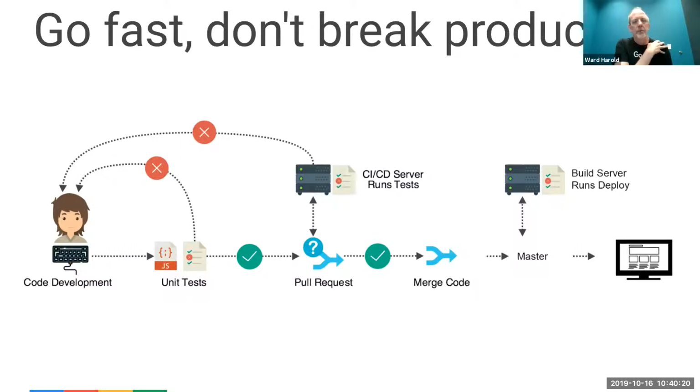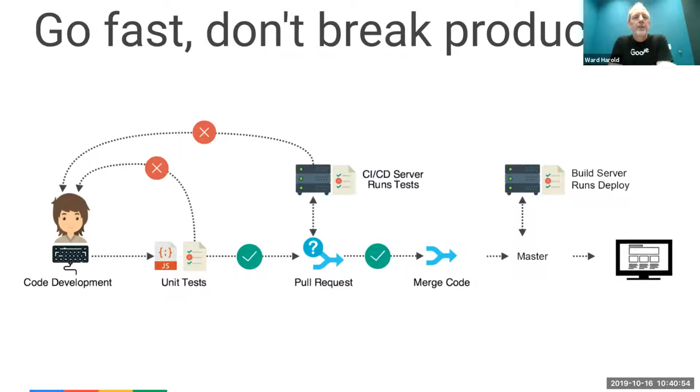Every time somebody would submit a bug or ask for a feature, I would write a test that said, okay, this test either reproduces the bug, or it captures the feature, and then I would make those tests pass, and then it would go to my CI/CD server, and if all the tests passed, then I could ship that software, I could commit that software and work on the next thing.